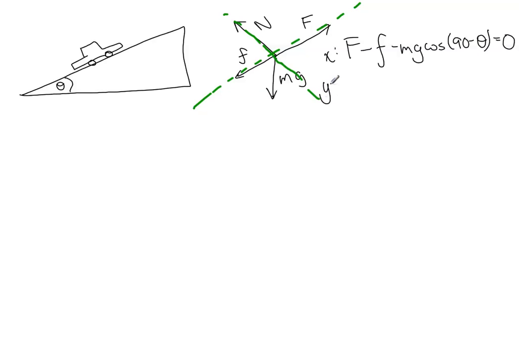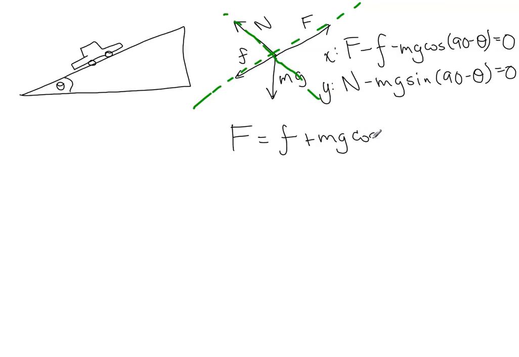We also have the y equation, normal force minus mg sine(90 minus theta) equals 0. This equation would be useful for us if we had to calculate the friction, but we don't. They're telling us what the friction is. So if we just look at this equation here, we can find that the force from the car's effort has to be equal to the friction plus mg cosine(90 minus theta).